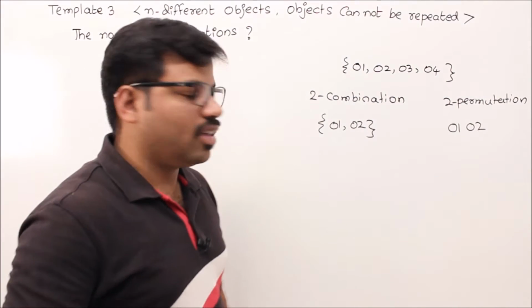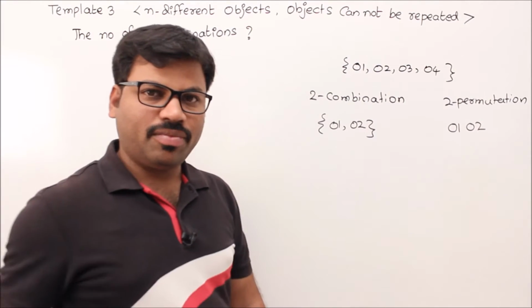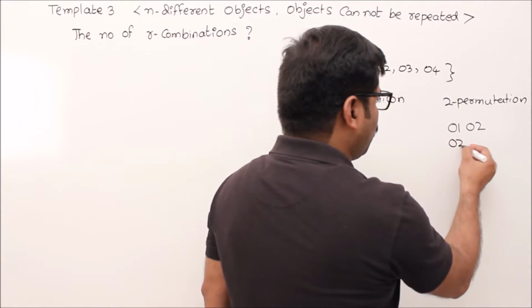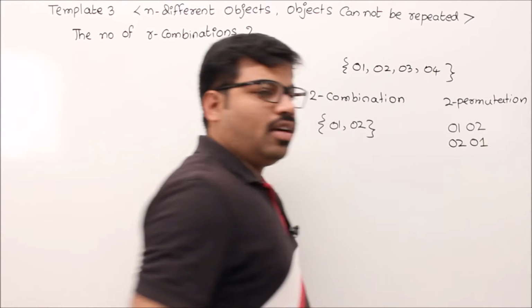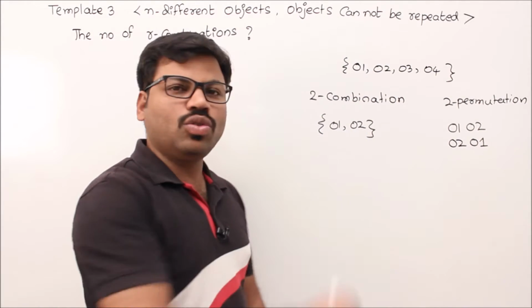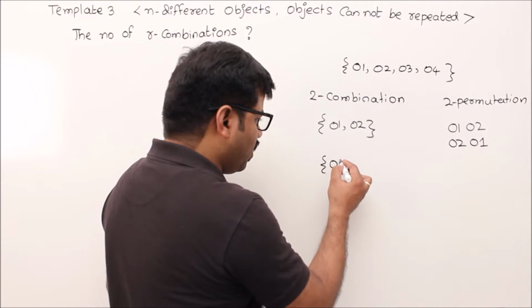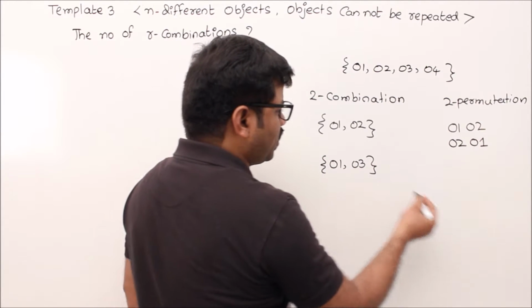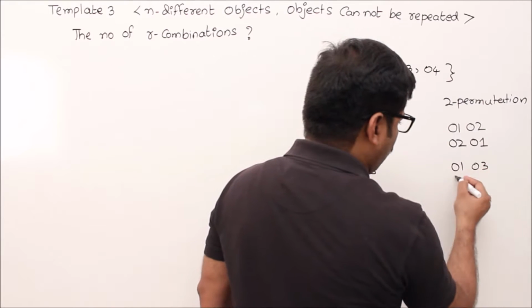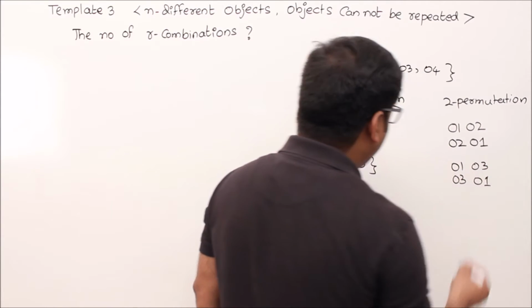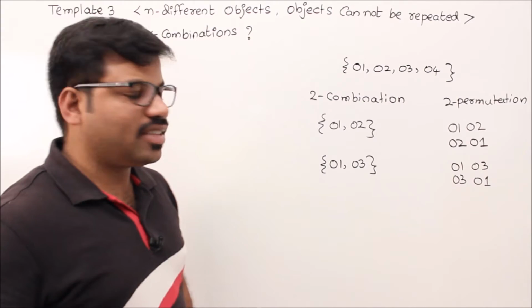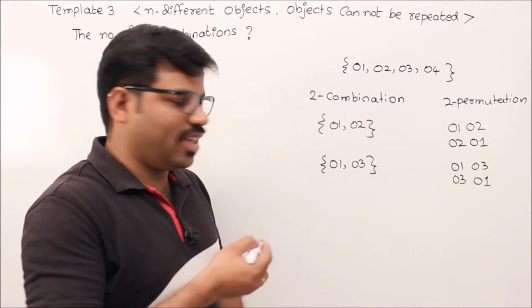That's why we write ordered form. Second one is O2 comma O1. So for these two elements, these are the two combinations. Similarly, by changing the combination, you can have different permutations. Again O1 O3, O3 O1. What I want to say is permutations are generally larger than combinations.